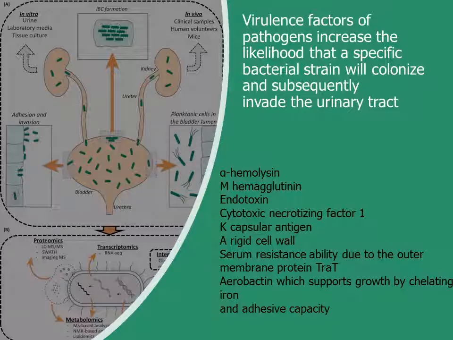These factors include hemolysin, M-hemagglutinin, endotoxin, cytotoxic necrotizing factor 1, K-capsular antigen, a rigid cell wall, serum resistance ability due to the outer membrane protein TraT, aerobactin which supports growth by chelating iron, and adhesive capacity.